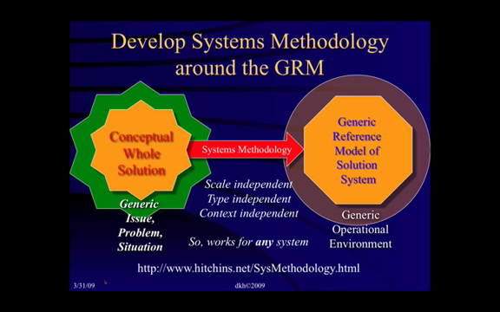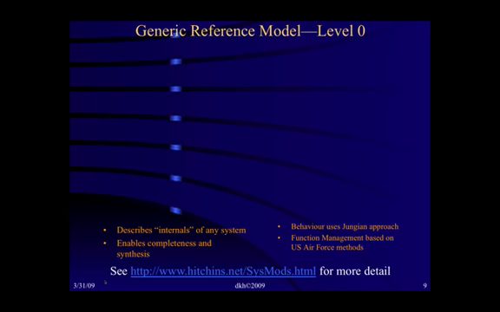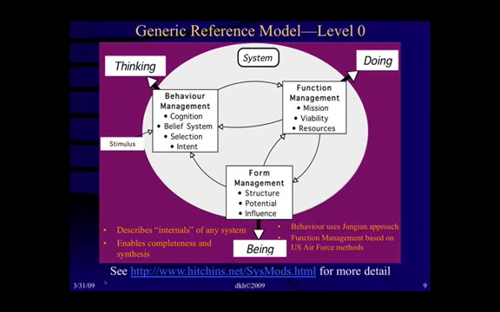Of course, for a real system, you have to have domain knowledge and contextual knowledge. And it's those that turn this generic system into a real system. This generic reference model we'll look at briefly. You can see from the reference where you can see a lot more of it. That's on my website.